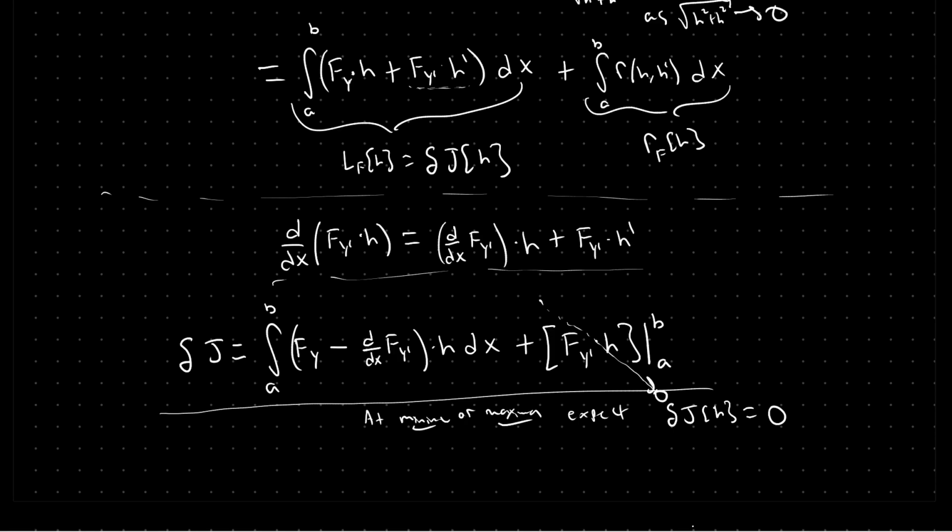So this is what we'll show in the next part of the lecture. And setting this delta J equal to 0 gives us the expression that this integral has to be equal to 0.